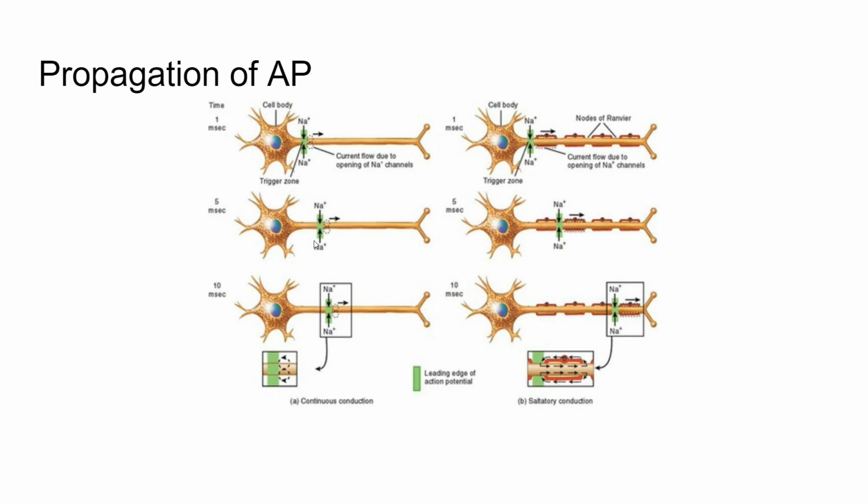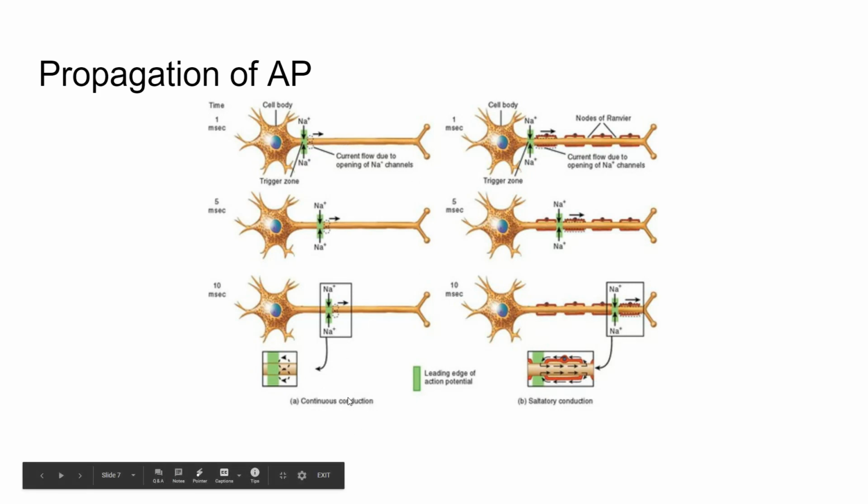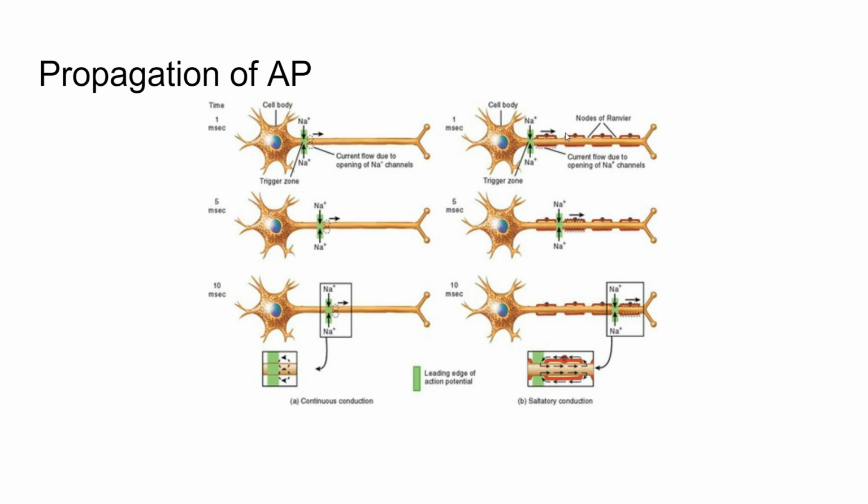All right. It can happen in one of two ways. In an axon that doesn't have the myelin sheath on it, it's just this continuous conduction down the length of the axon. As you see here, continuous conduction. Where there is myelin sheath, remember these gaps we talked about in the previous video, here it calls them nodes of Ranvier.